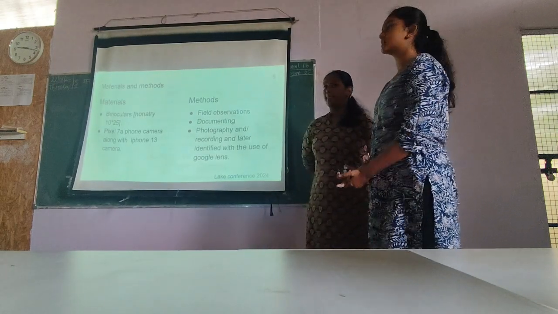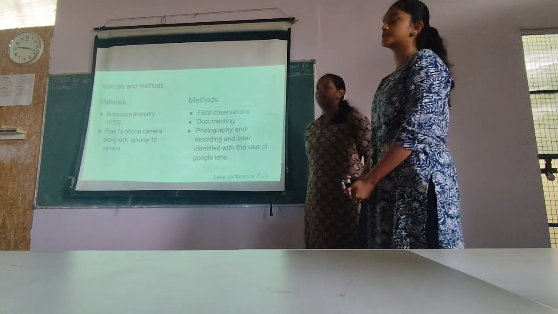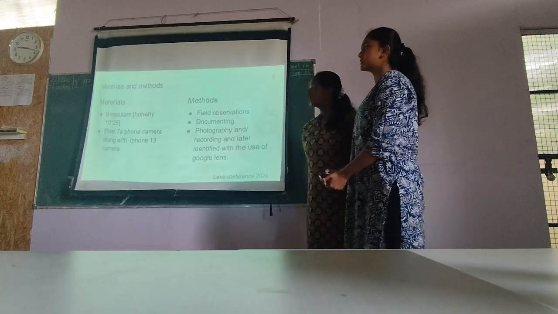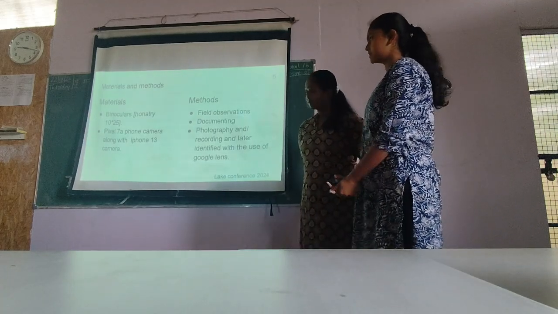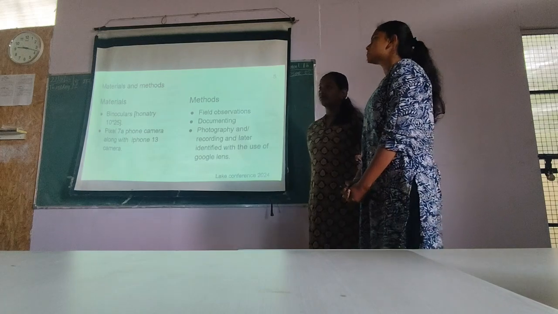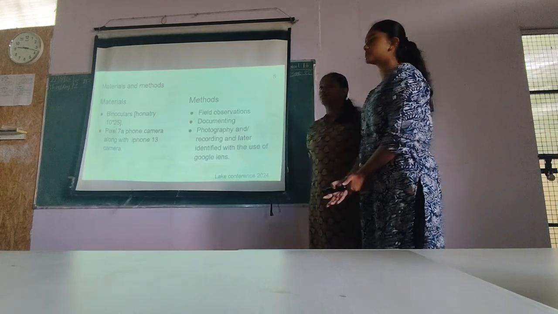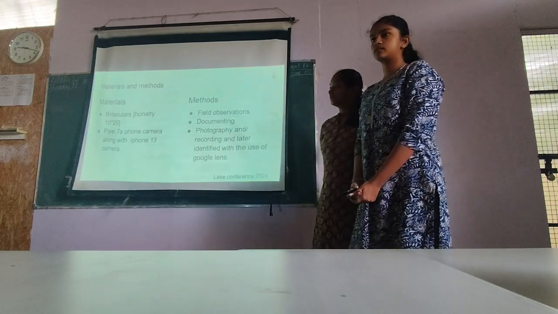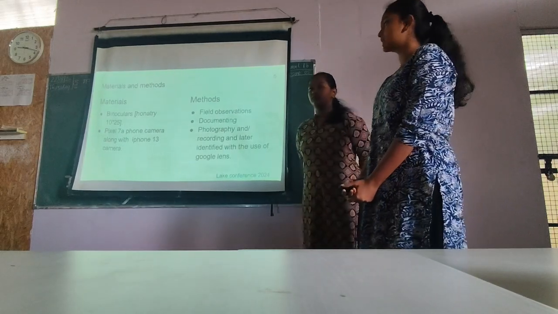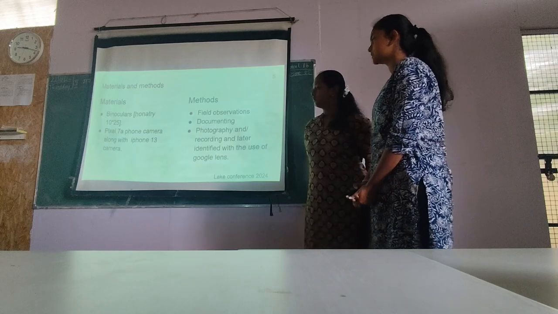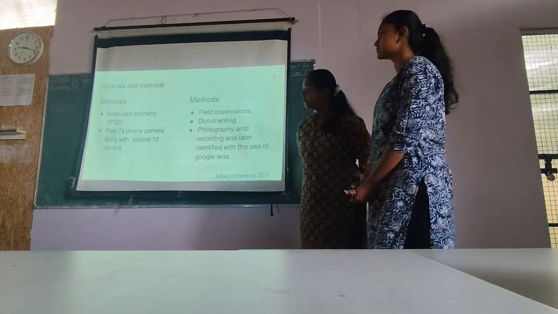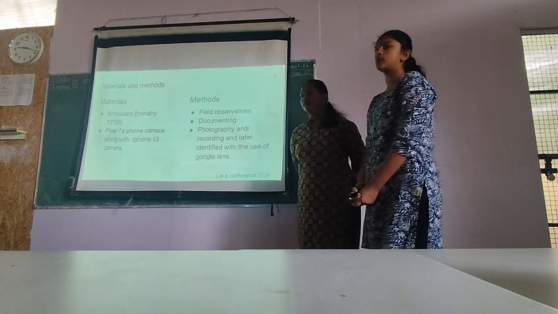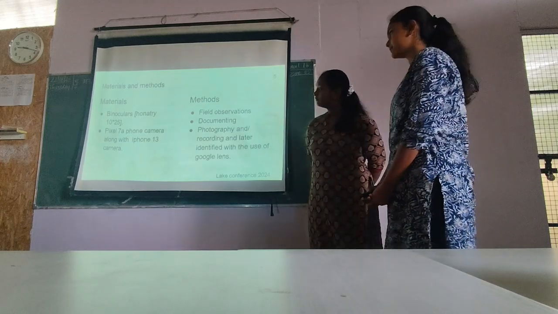So here are the materials and methods we used to identify the birds. Some of the materials were binoculars, specifically ones whose magnification is 10x and the diameter of the lens is 25 mm, and we also used a Pixel 7a phone camera along with an iPhone 13 camera.